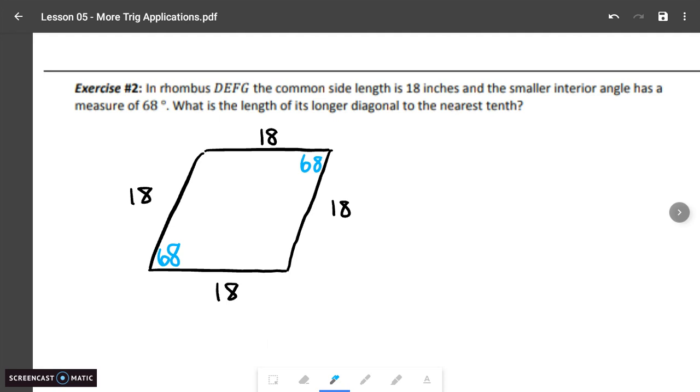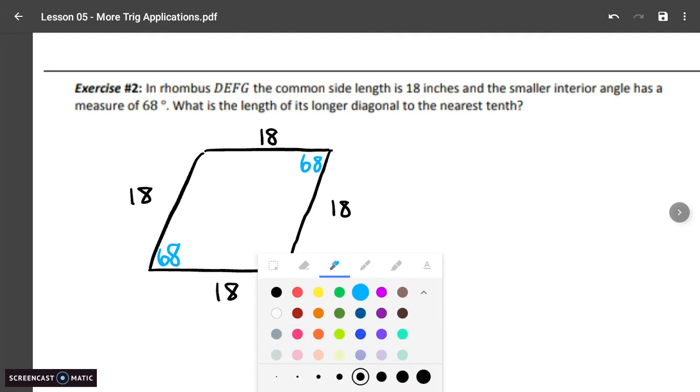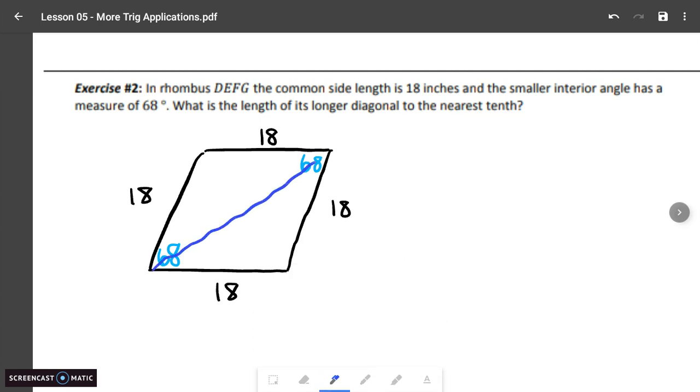But our goal is to find the length of the longer diagonal. So what I need you to keep in mind here is that we want to find this diagonal here, but we can only find it if we're using trig with a right triangle. So we have to recall that the diagonals in a rhombus are perpendicular.